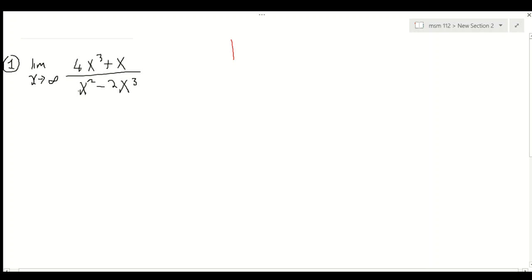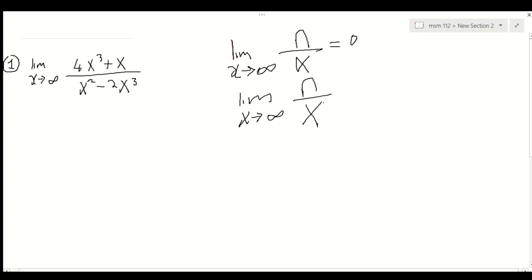Alright, so here when you see x approaching infinity, the rule you should keep in mind is this: the limit as x approaches infinity of any number over x is equal to 0. Even the limit as x approaches infinity of any number over x to the power something is equal to 0.